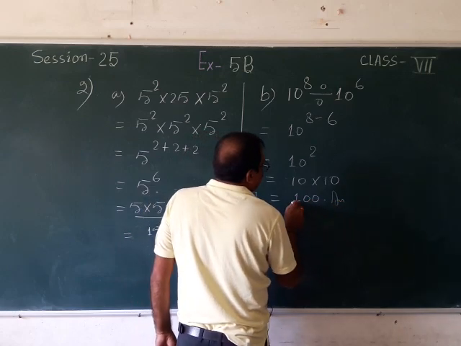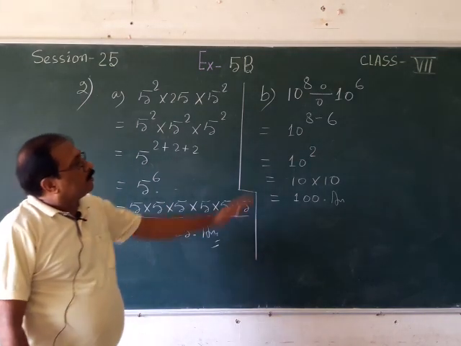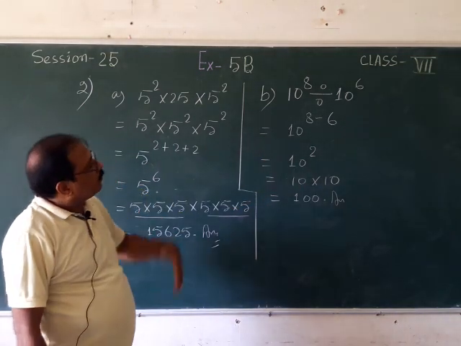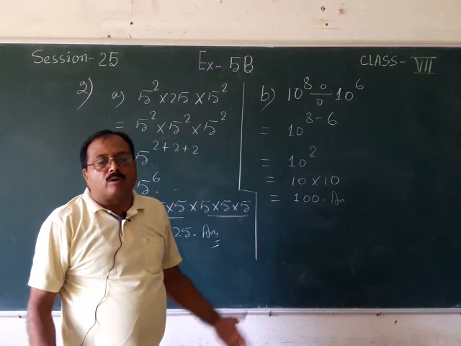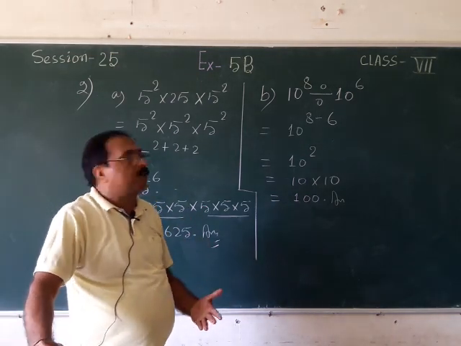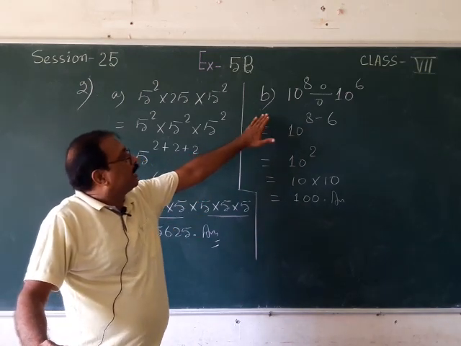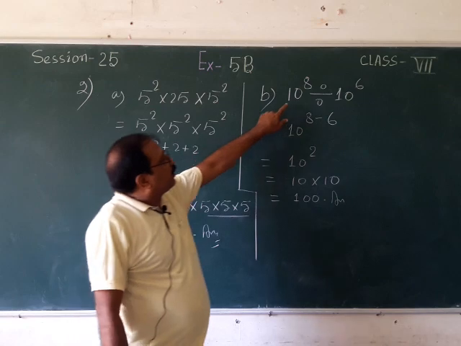So you have to remember all the rules of exponent. Without that rule you cannot solve the question, or if you do solve it, then you will have to face many problems. So once again I am repeating, in question number B, what I did here, I checked the base.